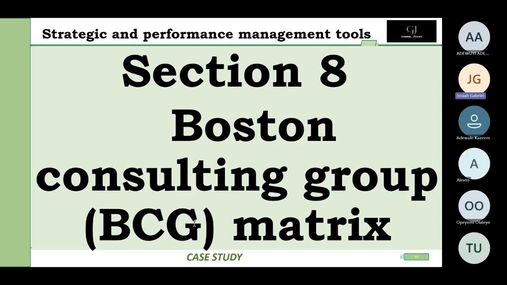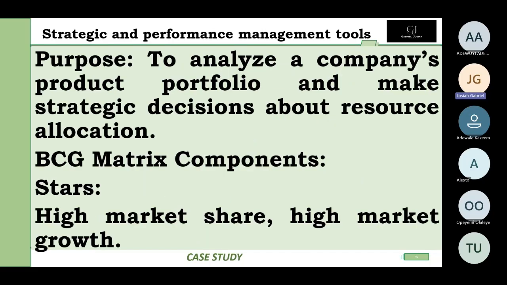BCG matrix. All right, so what's the purpose of the BCG matrix? The purpose and aim of the BCG matrix is to analyze a company's product portfolio, if a company has a lot of products, and to make strategic decisions about allocating resources to those products.